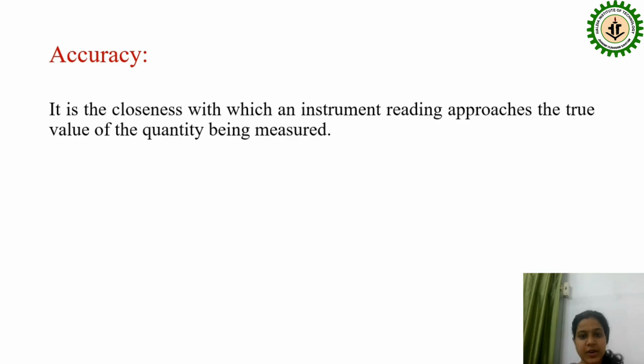Now let's try to understand the meaning of accuracy. It is the closeness with which an instrument reading approaches the true value of the quantity being measured. Try to understand this accuracy with the help of one example.